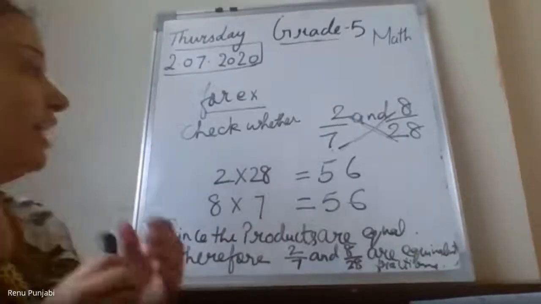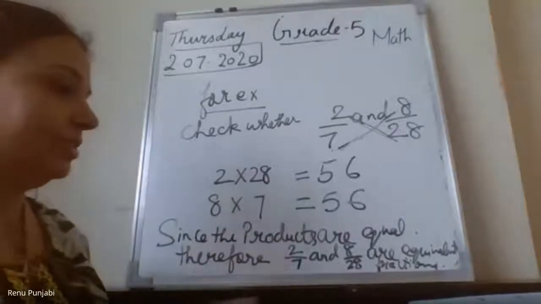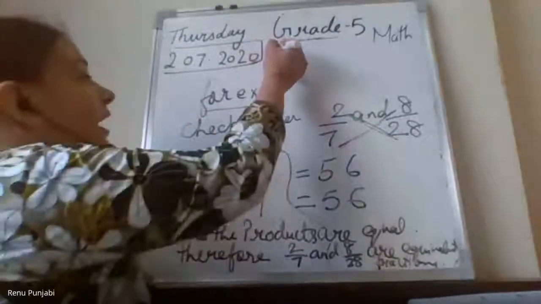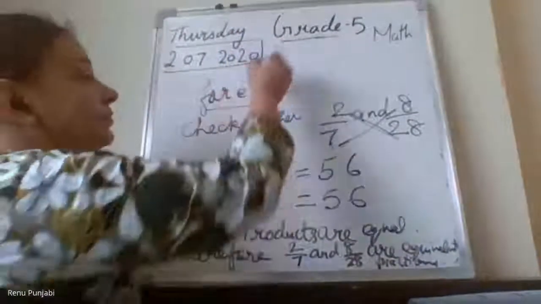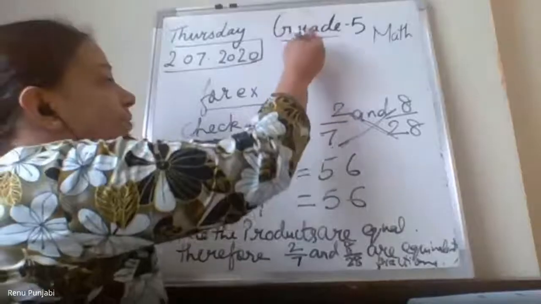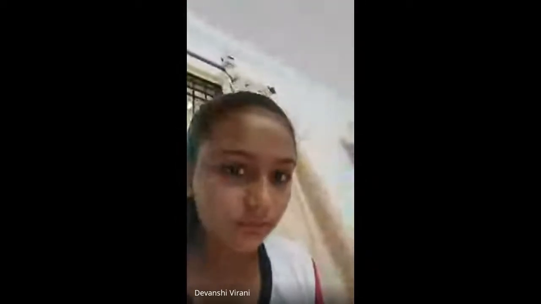What heading do we have to give? Ma'am, you said yesterday to give checking equivalent fractions. Write the date, write the chapter number. When you taught equivalent fractions, on that day you told us to write something.